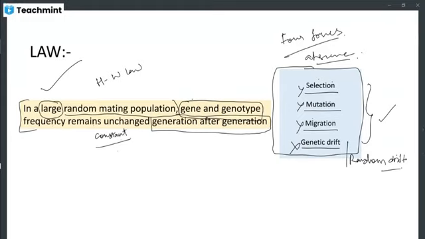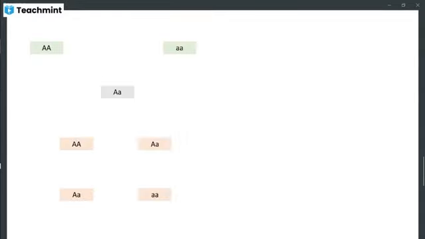So now let us get into an example. Let us assume that these are the parents: the homozygous dominant and the homozygous recessive, parent 1 and parent 2. When we cross two parents, what do you call the obtained generation? F1, right?